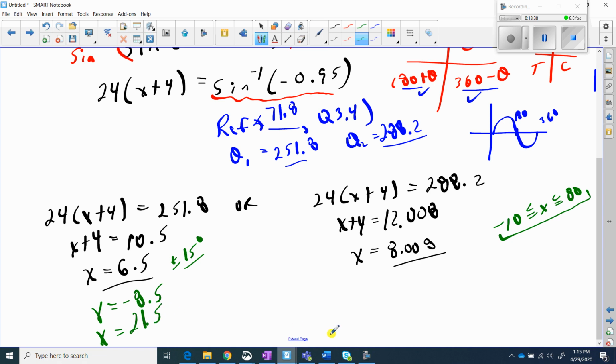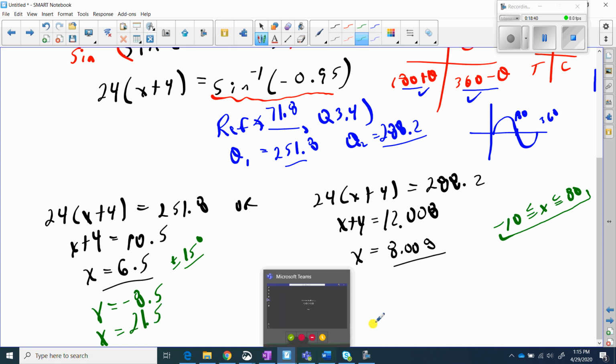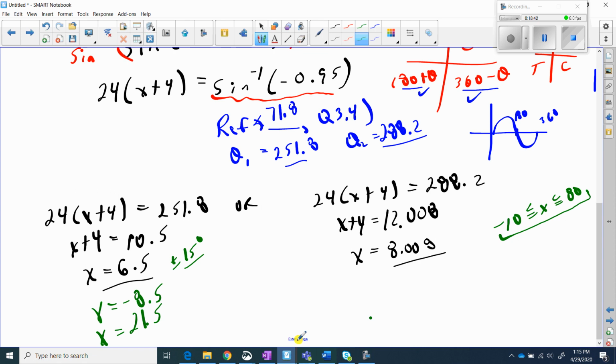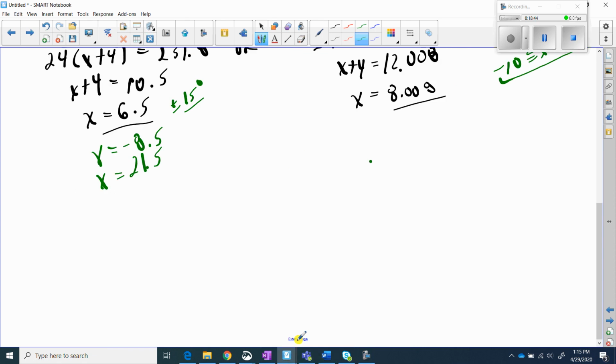So I'm going to keep adding 15 until I go beyond 80 degrees. So I'm going to try another 15. So add 15 more. I'm at 36.5. Still good. Add another 15. 51.5.